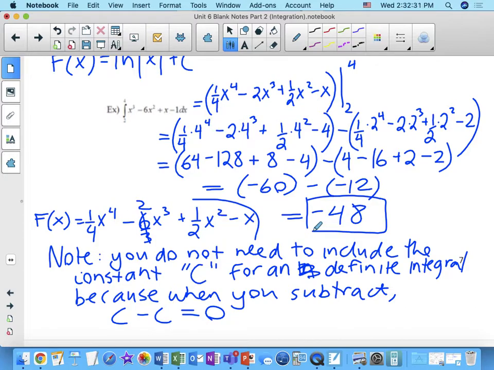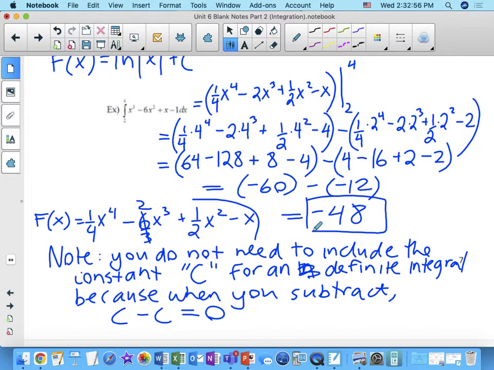If you are asked for the area that is bound by a curve and the x-axis, which we're going to do tomorrow, that always has to be positive, because area, which is a measure of two-dimensional space, is positive. So that we'll look at tomorrow.